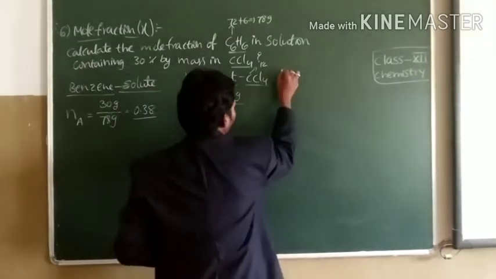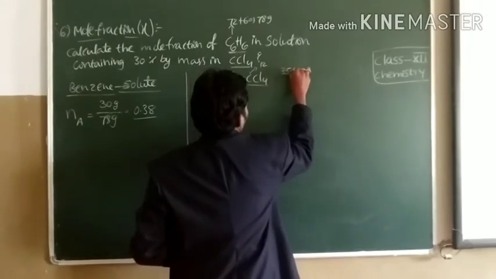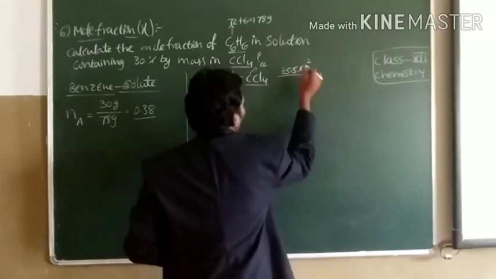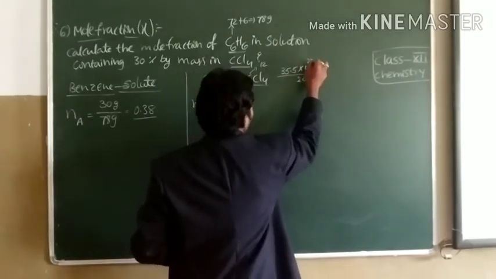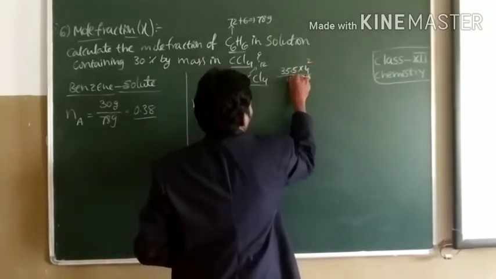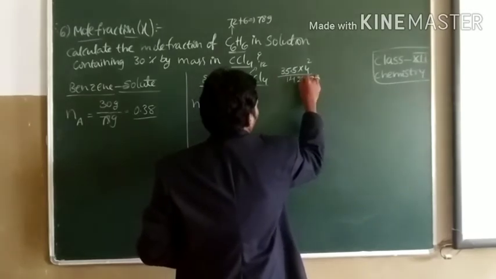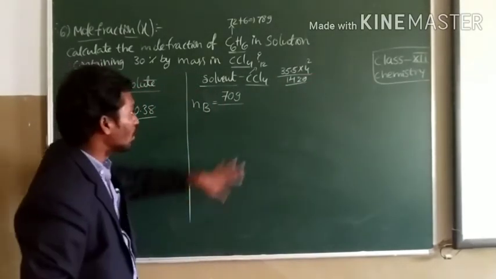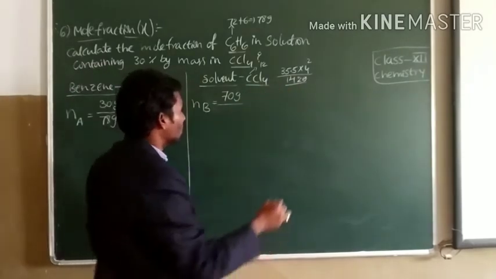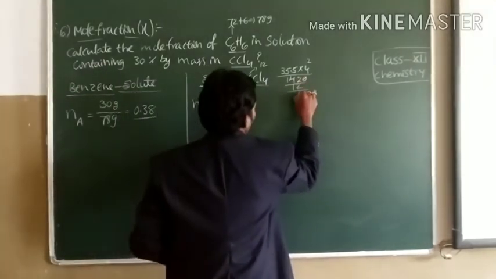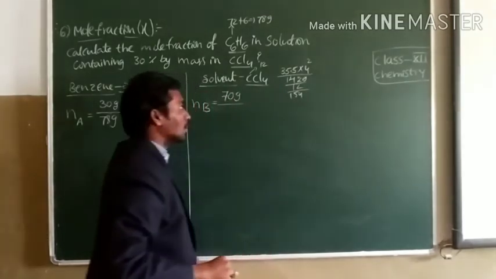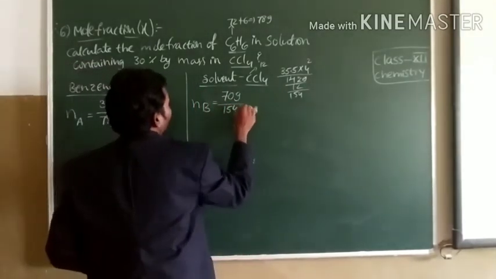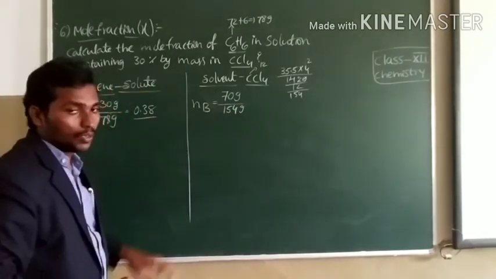There are 4 chlorine atoms, so 35.5 times 4 is 142. 142 plus 12 is 154 grams. So 70 by 154 grams.